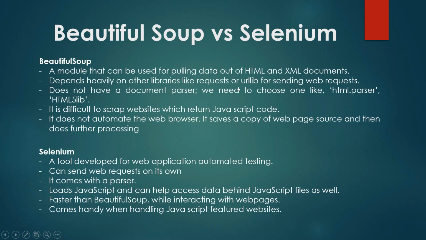Okay, now the difference between Beautiful Soup and Selenium. Beautiful Soup can be used for pulling data out of HTML and XML documents. You all have done Beautiful Soup. It depends heavily on other libraries like requests or urllib for sending web requests. Can anyone tell me what you mean by urllib?